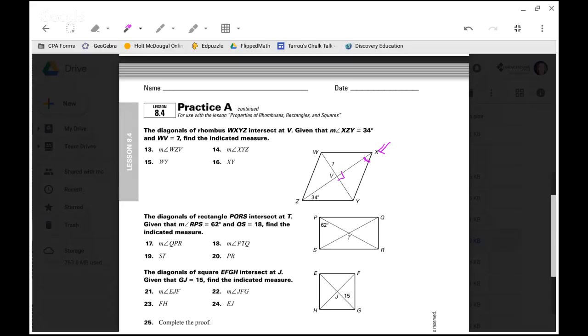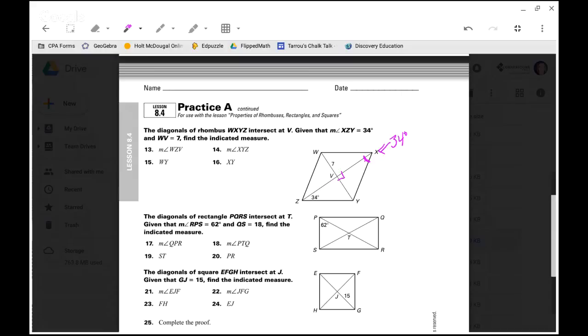Like, do you know what this angle here is? Okay, so we know that that's 34 degrees then, right?